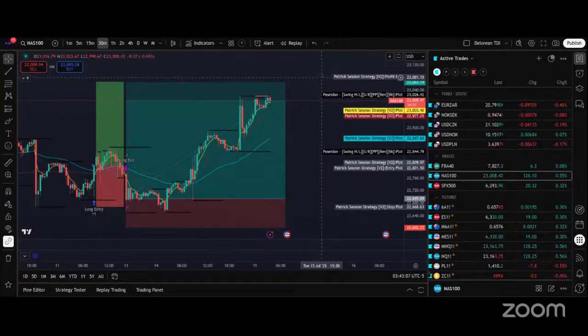For it being so slow trade wise, at least the time has passed by relatively quickly.